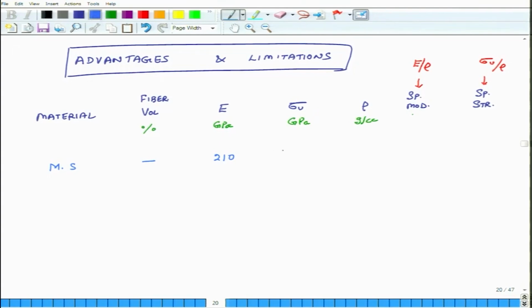So, this is anywhere between 0.5 to 0.8. The density of steel, does not matter what steel we are talking about, is about 7.8 grams per cc. So, the specific modulus, if you take the ratio of 210 divided by 7.8, you get 26.9. And the specific strength is anywhere between 0.058 to 0.106. So, that is for mild steel.